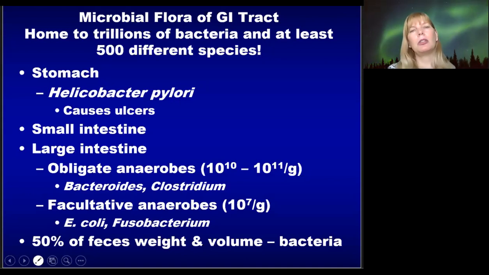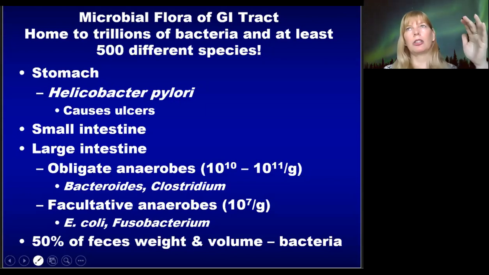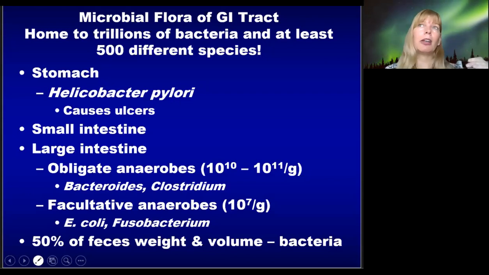I did post into the EduCat a reading on comparing the intestinal tract, all the way from probably the mouth all the way to the rectum, and comparing it to stream ecology. For those of you who might have taken stream ecology or even intro ecology, I thought it's a nice comparison between what's happening in a stream system versus what you can think of happening in the GI tract.